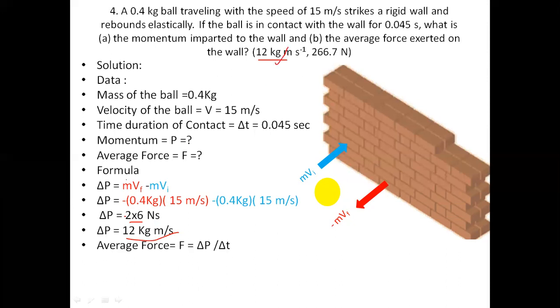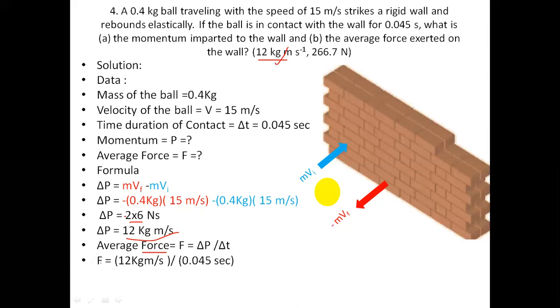Moving on to the next part, average force in this case. So F is equal to delta P divided by delta time, that means the change in momentum divided by change in time. We already have the value for change in momentum, and we already have the time it took to be in contact with that ball.